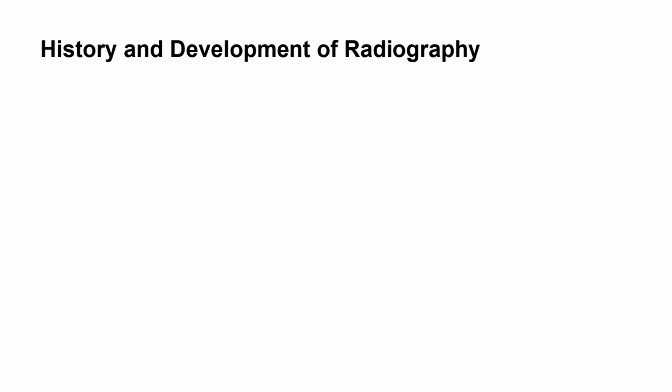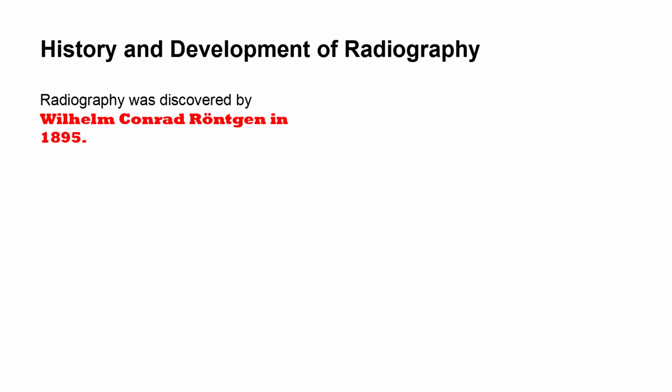So now the history and the development of radiography, ladies and gentlemen. Radiography was discovered by William Conrad Roentgen in 1895. So the scientist that discovered radiography is William Conrad Roentgen. In 1895, he was the first scientist able to view inside of the body using X-ray.